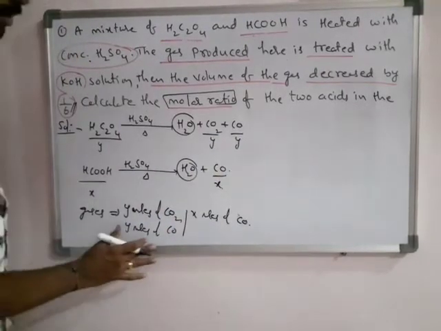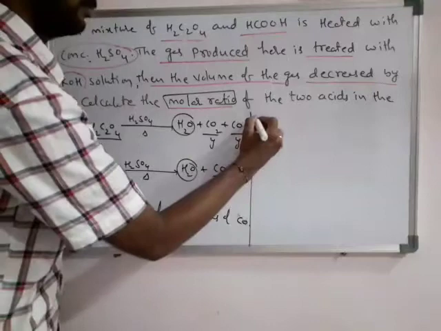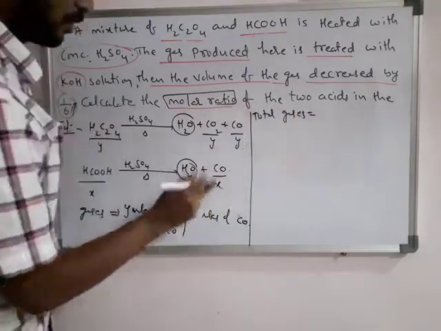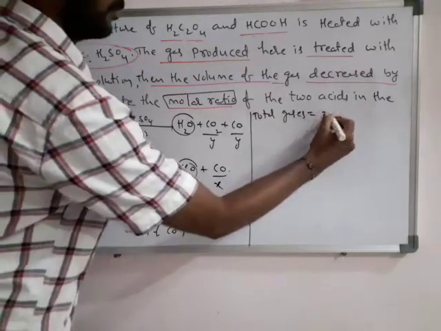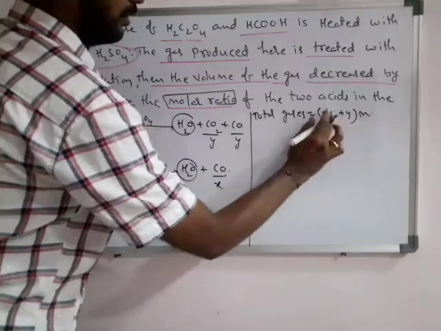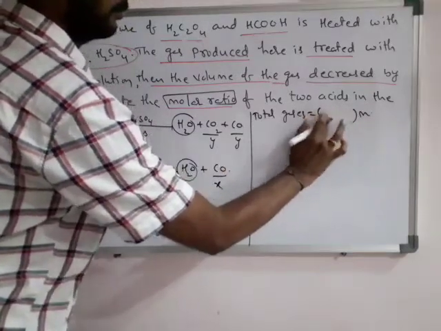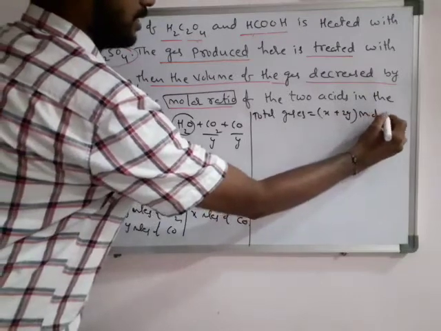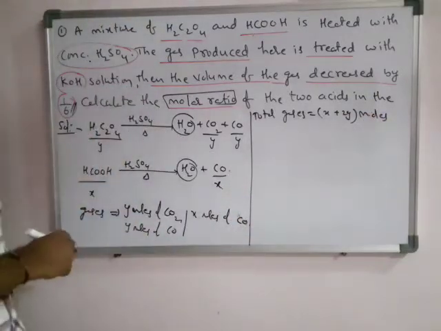But what is the total number of moles of gases? Now the total gaseous products are 2x plus y moles. Sorry, X plus 2y moles of gases are present.